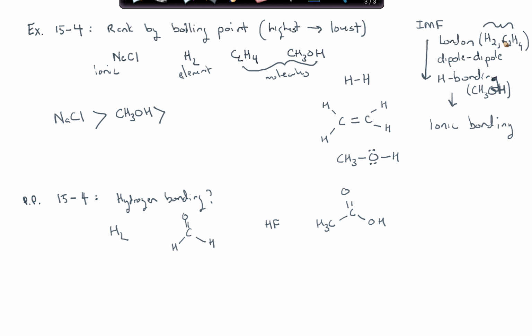Because of that, the London forces for ethene are much stronger than the London forces in hydrogen. So the next highest boiling point we would expect to be C2H4. And finally, the lowest boiling point we expect to be hydrogen. The boiling point of hydrogen is about 4 Kelvin. It's way, way down there, a very, very low boiling point.